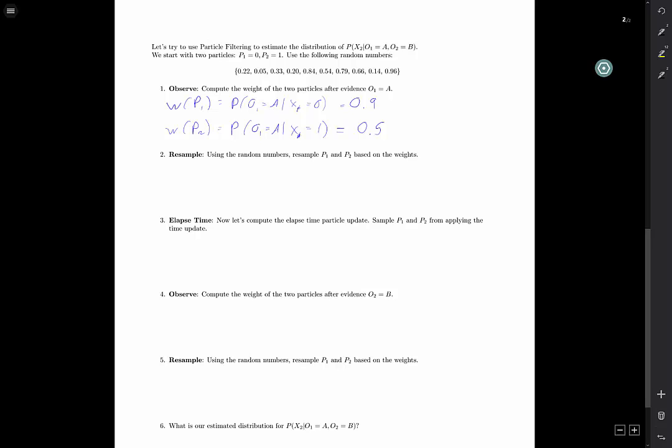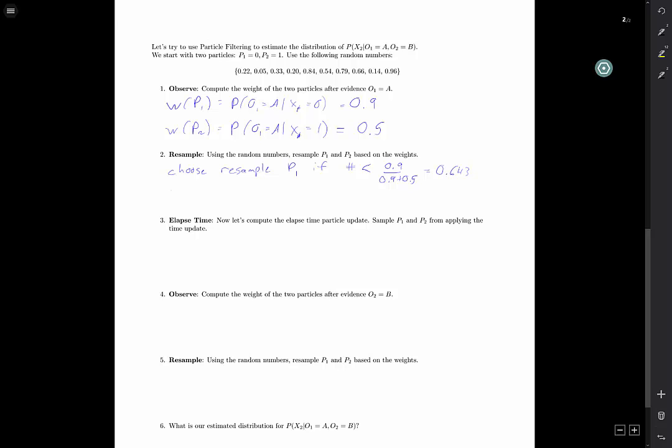After normalizing, we have a distribution, so we choose to resample P1 if the number drawn is less than 0.9 divided by 0.9 plus 0.5, and that equals 0.643. If it's greater than, we'll sample particle P2.